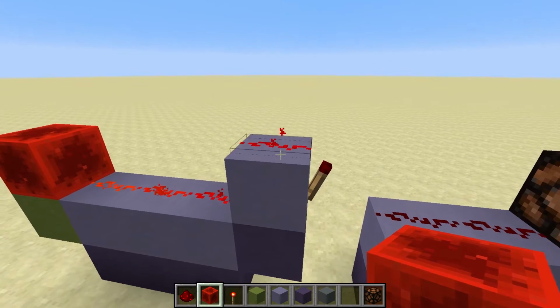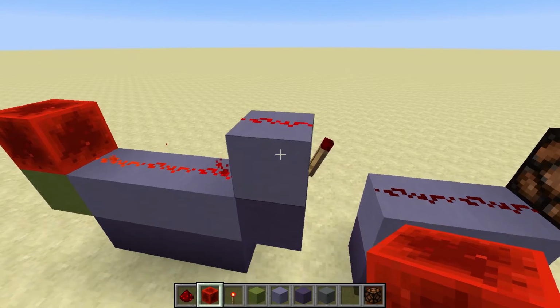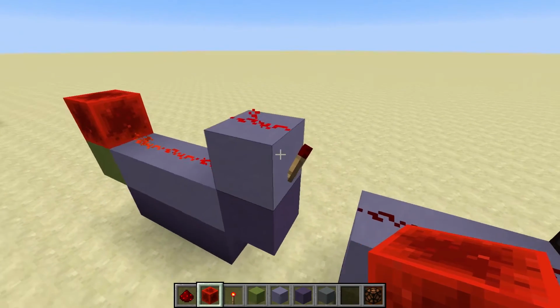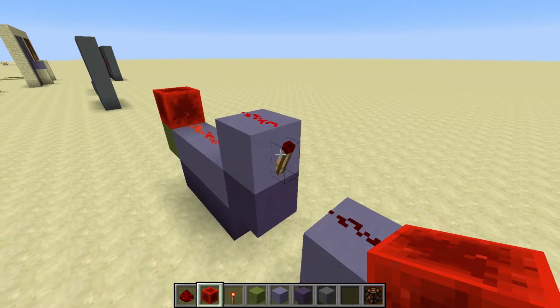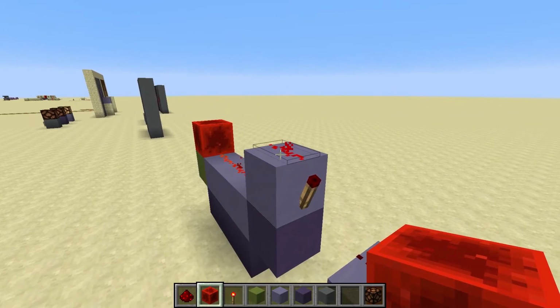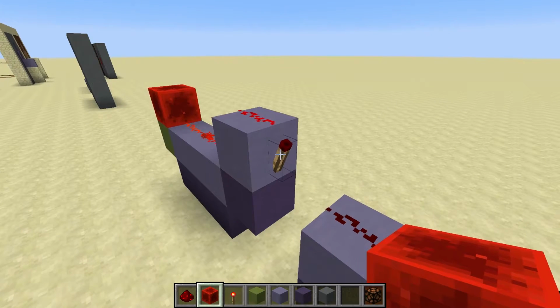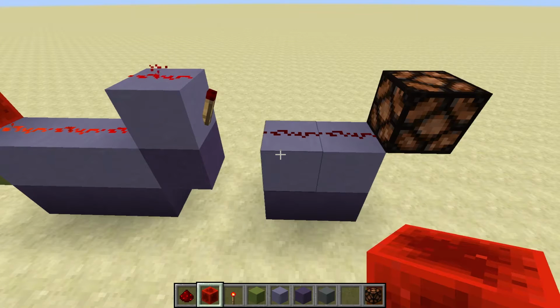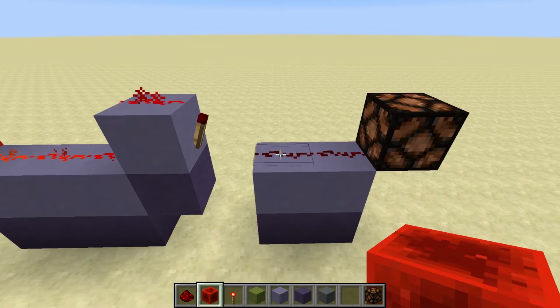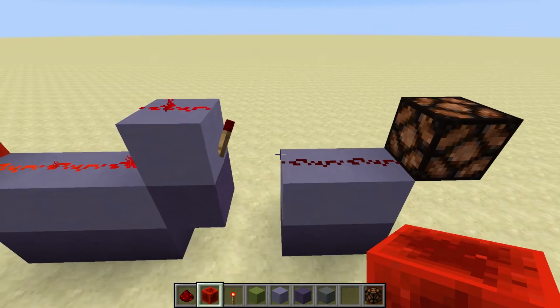Redstone dust always powers the block it is on. We have gone over that. And since we put this redstone torch on the same block that this redstone dust is powering, the redstone torch has turned off.